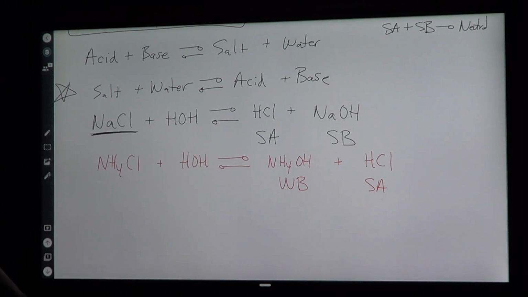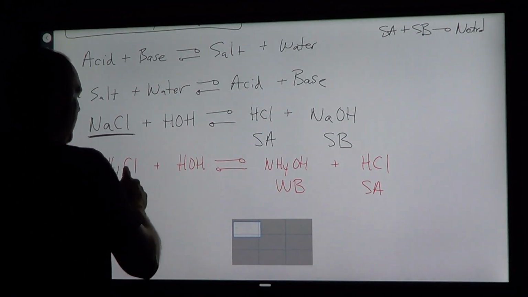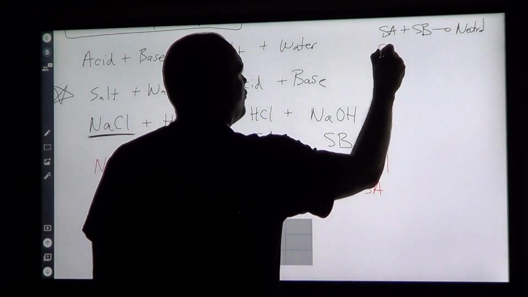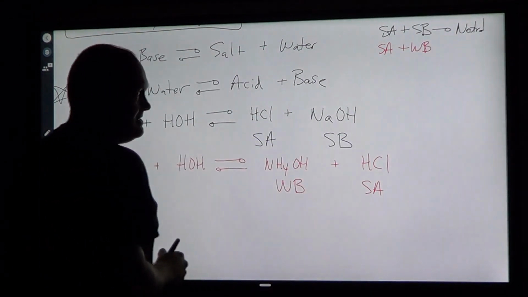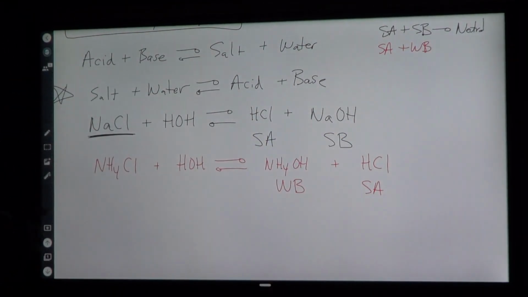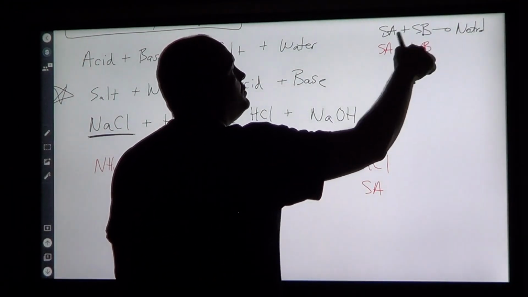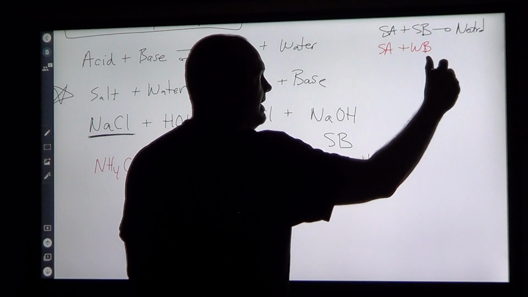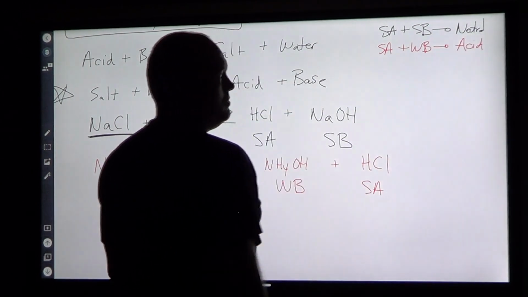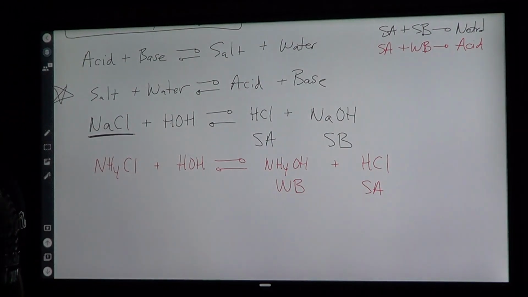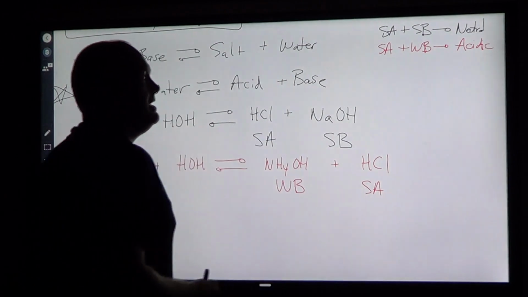So what this means is you now have a salt that is composed of a strong acid and a weak base. So if you have a strong acid and a weak base, the acid is going to completely neutralize the base, and you're going to be left with an acid left over. So this solution would be acidic.